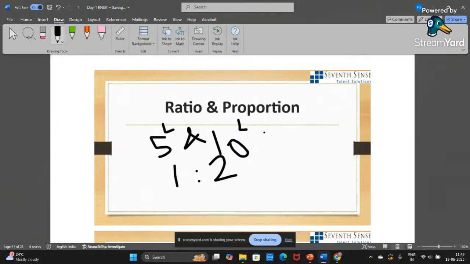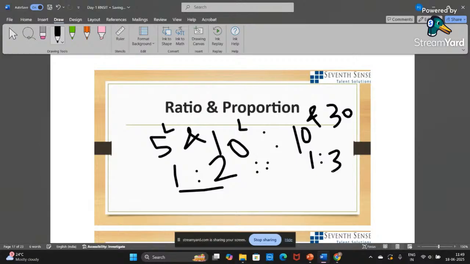So what do you mean by proportion? When the numbers are written in this form, that is called a ratio. When the two ratios are compared, that is called a proportion. 5 and 10 is written as 1 is to 2, and 10 and 30 will be written in ratio as 1 is to 3.